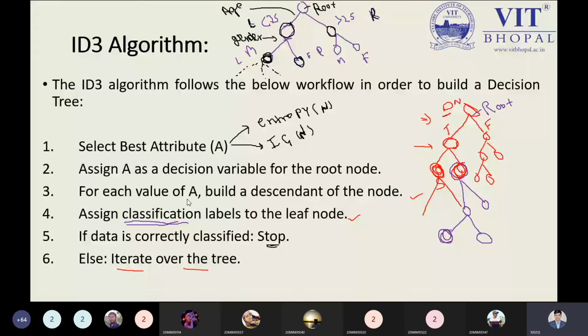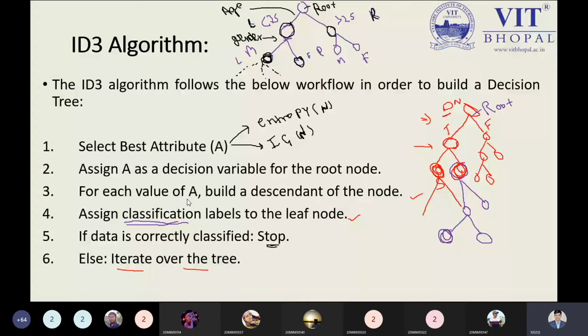The best attribute will be selected by the information gain. Before selecting the attribute, you have to determine the information gain, but information gain cannot be calculated without entropy. So entropy and information gain are the two important parameters which decide the best attribute.